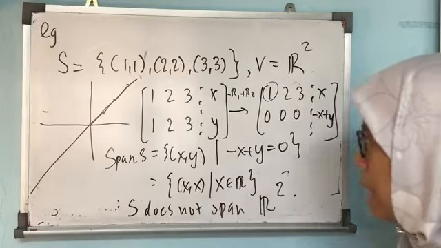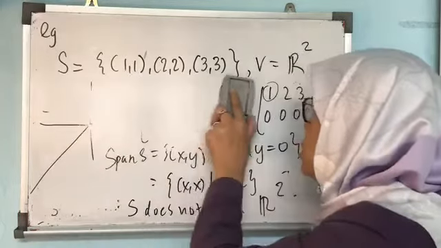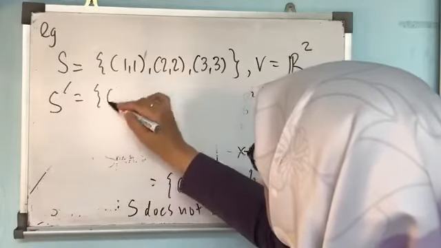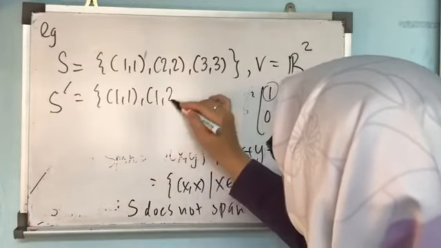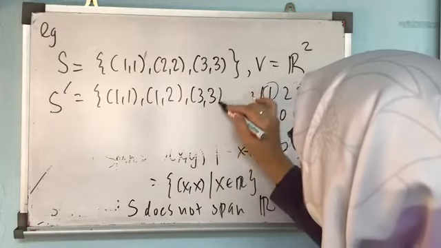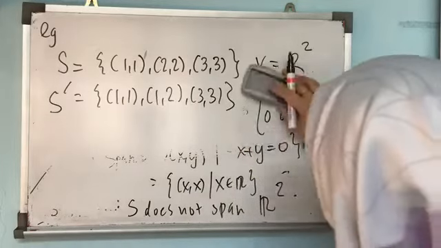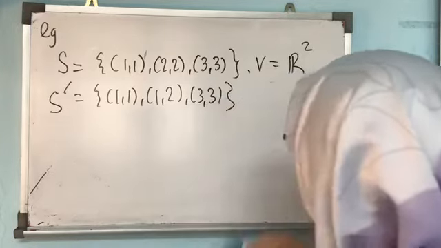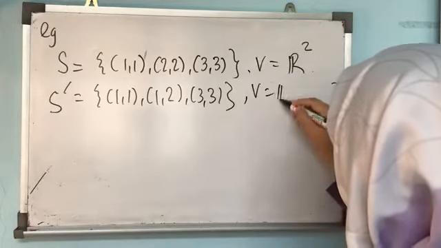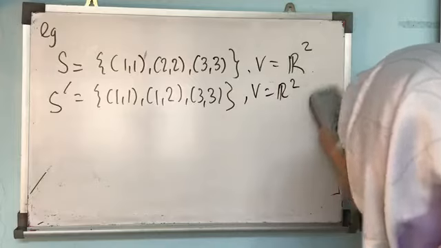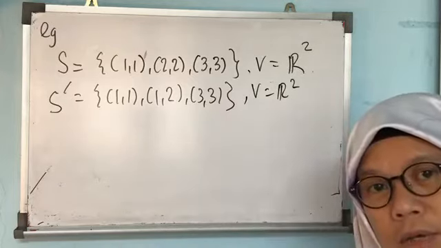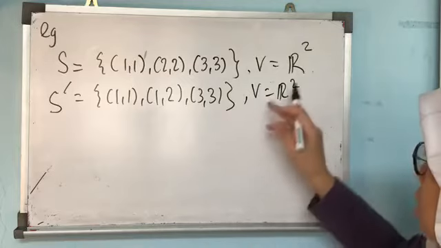But if I change this, call it S prime: (1,1), (1,2), (3,3). Still, V is R2. Still, M is 3, and still, N is 2.